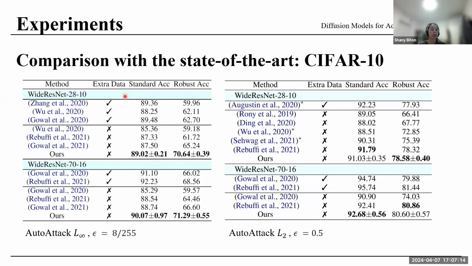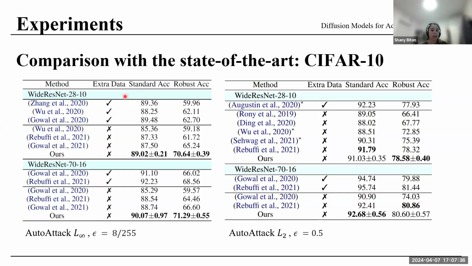We have standard accuracy and robust accuracy. For robust accuracy, they used AutoAttack with different Lp norms, where AutoAttack refers to a set of attacks that is widely used to benchmark different adversarial models.